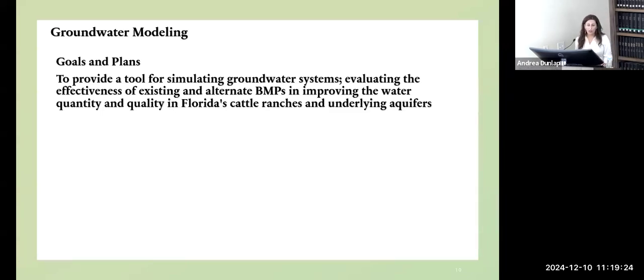So here we define the main goal for our groundwater modeling work: to provide a tool for simulating groundwater systems, evaluating the effectiveness of existing conditions and alternative best management practices to improve the water quality and quantity here in the Florida basin.